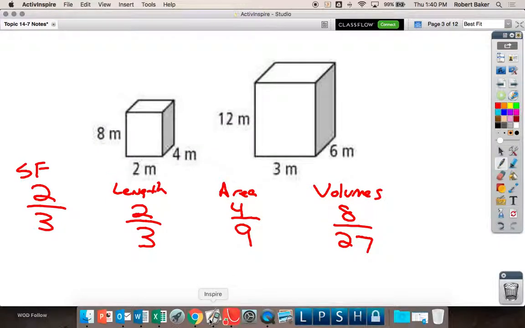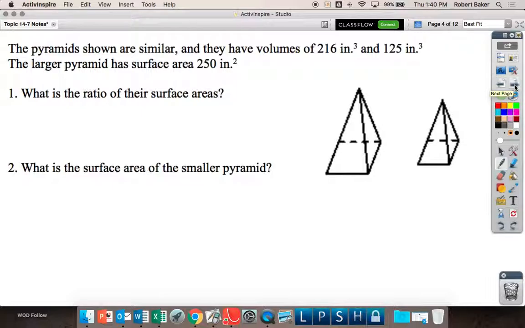Now, once I have these proportions, I can solve for a missing volume, a missing surface area, or a missing side length. Okay, here we go. Couple of parts here. It says these two pyramids are similar. They have a volume of 216 cubic inches and a volume of 125 cubic inches.